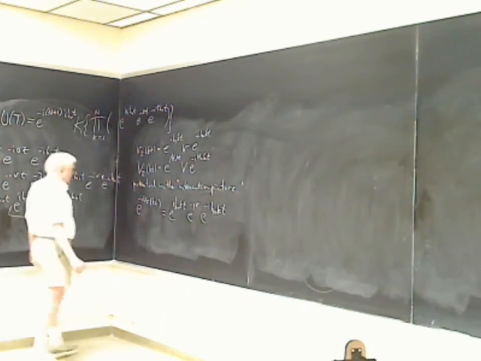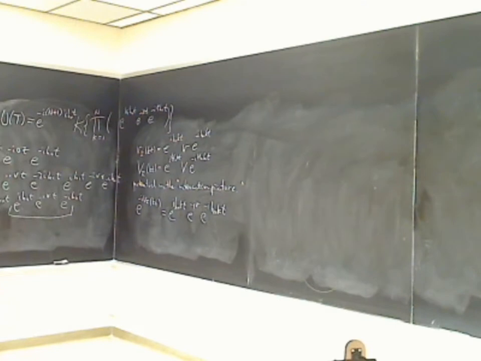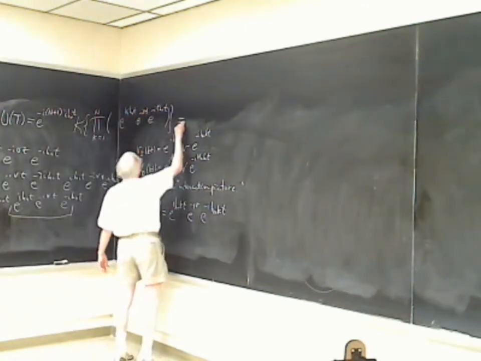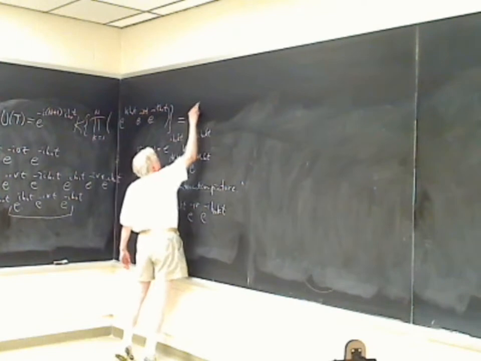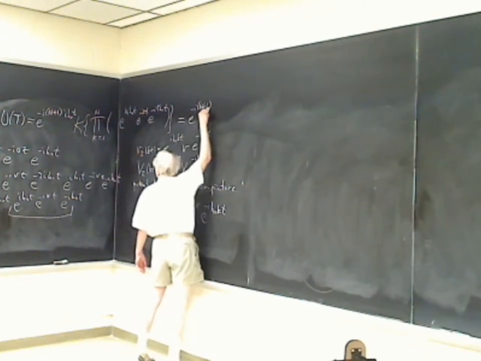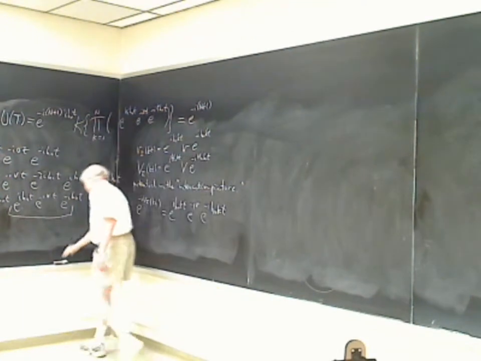All right. Okay, well, that means then that what we've got here is e to the minus I n plus 1 H0t, a k-ordered product. Oh, there's an extra I in this thing. That was a mistake.